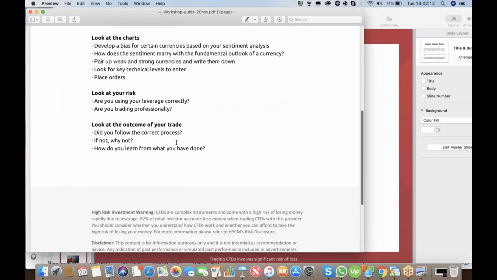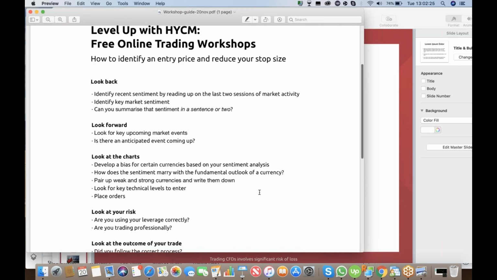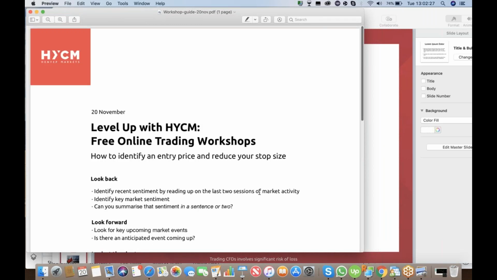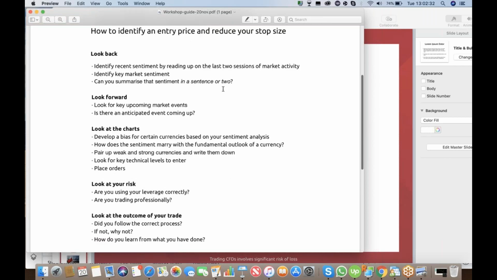So if you haven't found it already, go to your handout section of the webinar, click on workshop guide for the 20th of November, and you will see the template for every time you approach the market. This is a template for you to use. I'm going to be working it through with you so you understand how to use it.